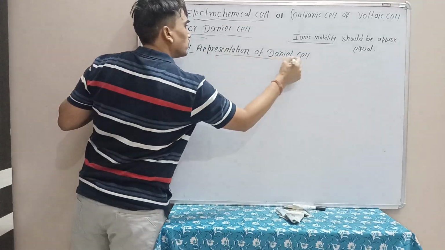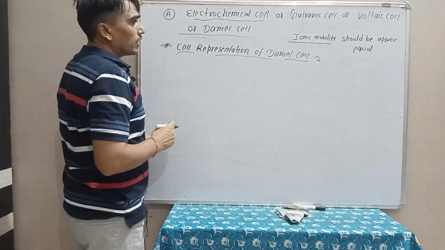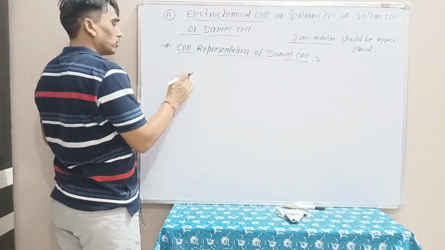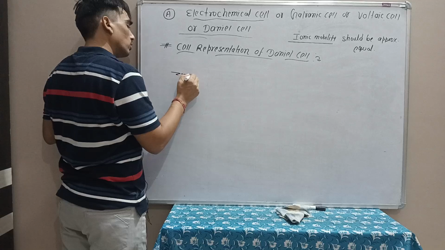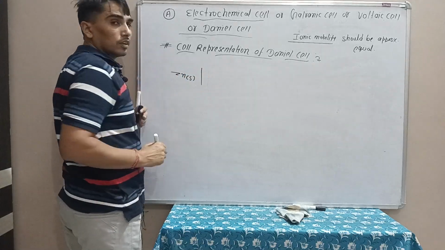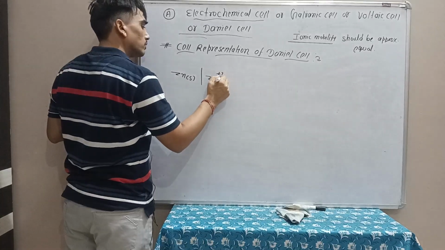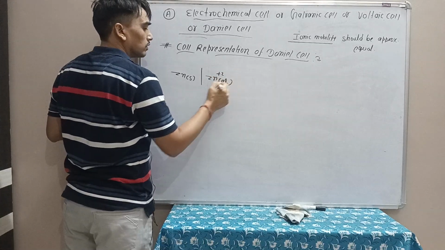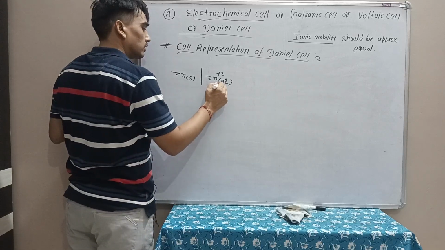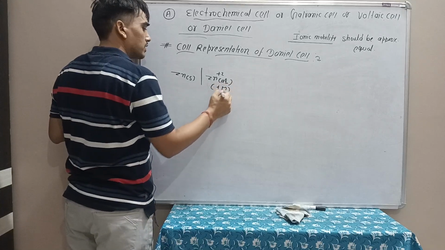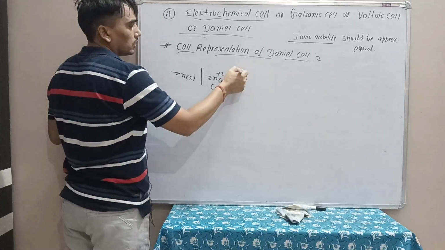Cell representation of Daniell cell. Look at the board, dear students. First of all, we should write down anode, then product of anode with its active concentration. For example, in Daniell cell we take 1 molar solution. It may vary.